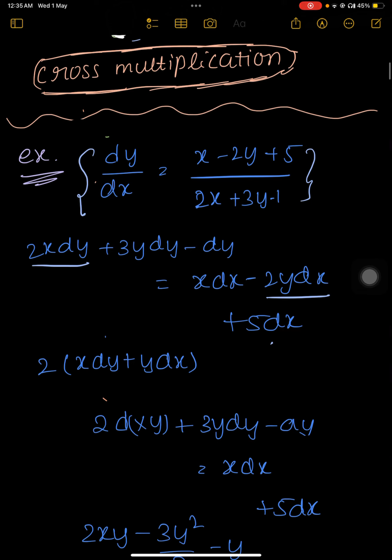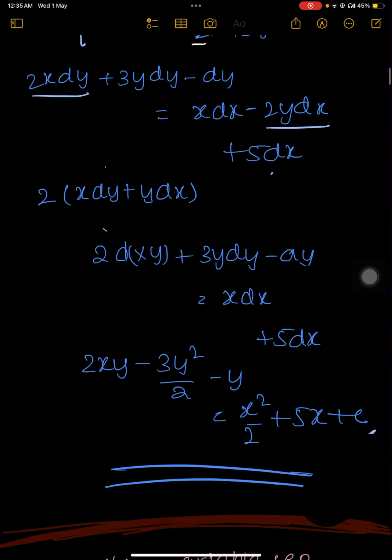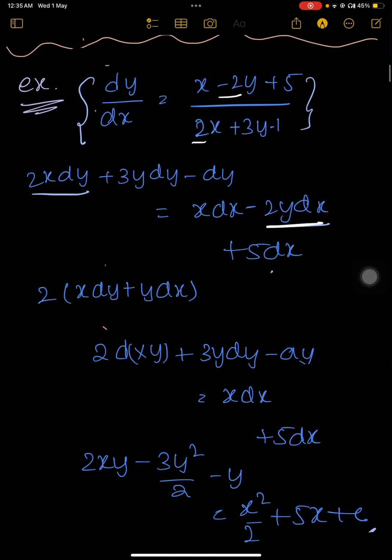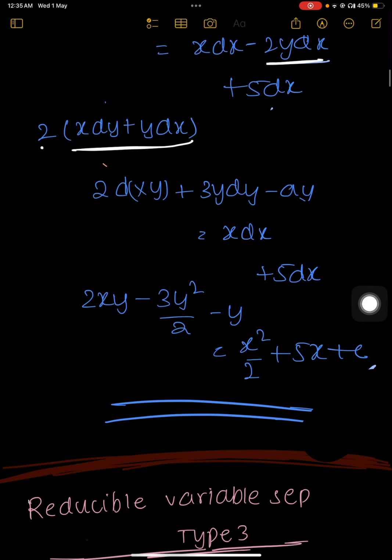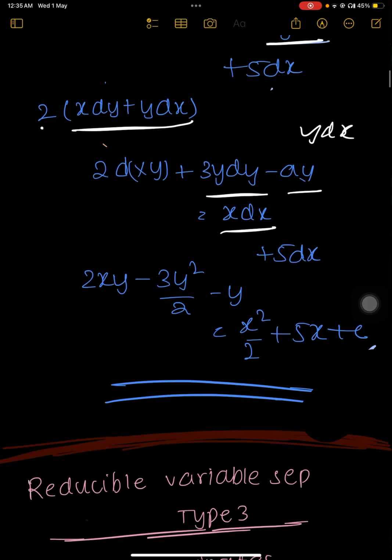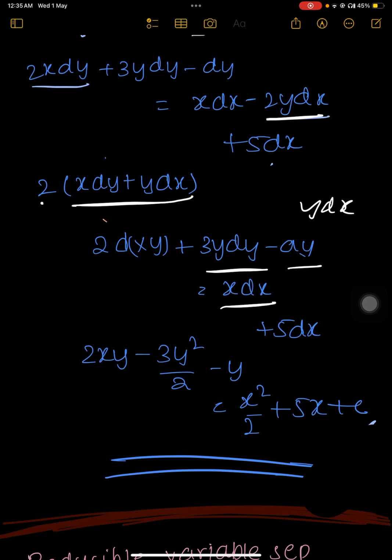The logic is that if this plus this, 2 minus 2, is 0, then when you cross multiply, you get 2 into (x dy + y dx), which is d of xy, and the rest of the terms are grouped, with none of them having a y dx term, so the differential equation is solved. You can take a look at the example.